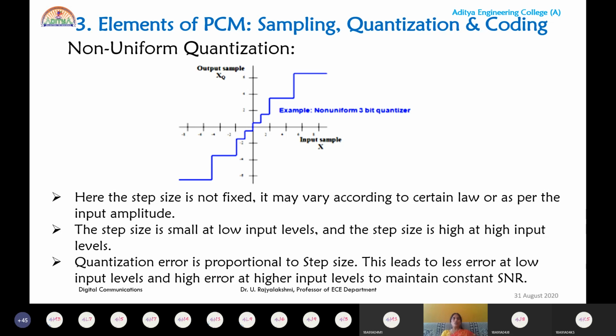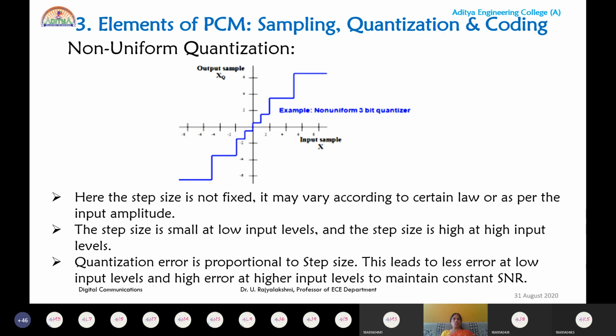Okay, so that's why, to generate low SNR for low input magnitude and high SNR for high input magnitude, this non-uniform quantization considers the companding technique. The companding technique generally obeys a logarithmic response, where it is compressed for low input signals and expanded at high input levels.